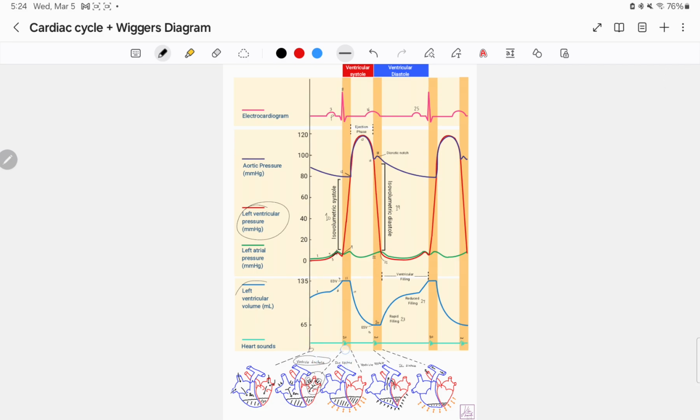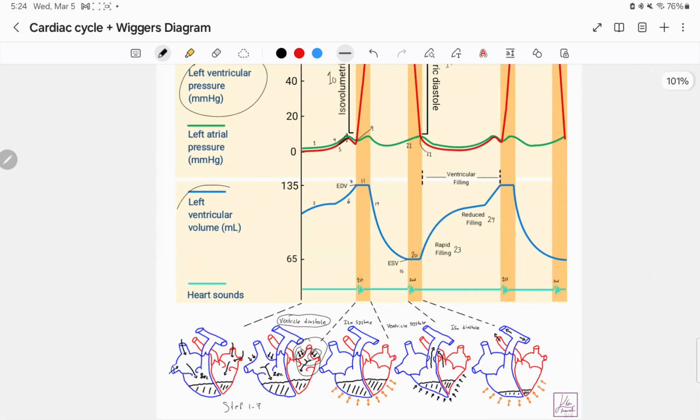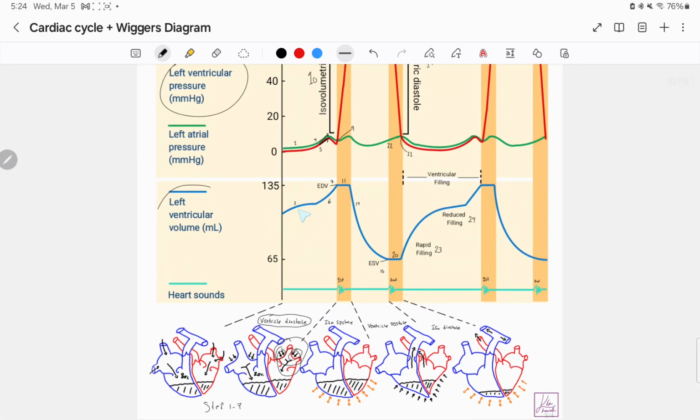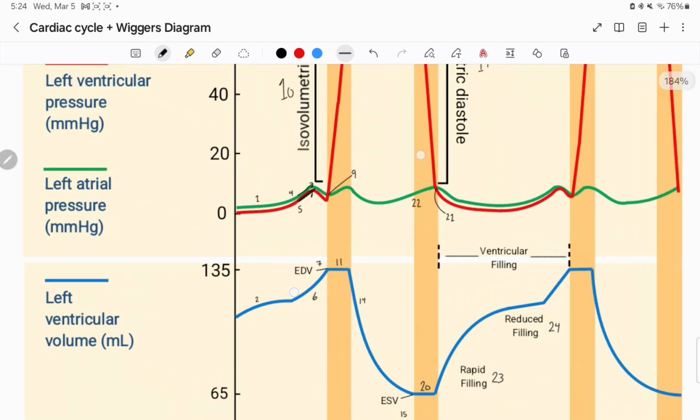It starts out from here and here, and right before we get into that little block portion, which means that steps 1 to 7 of the Wiggers diagram correspond to the ventricular diastole portion. And you see how all of that made sense. Everything was happening for a reason.